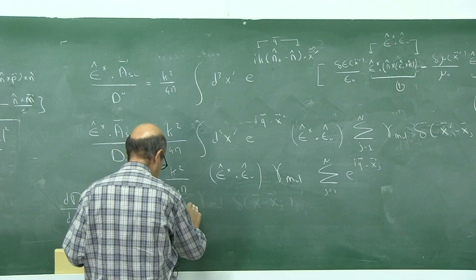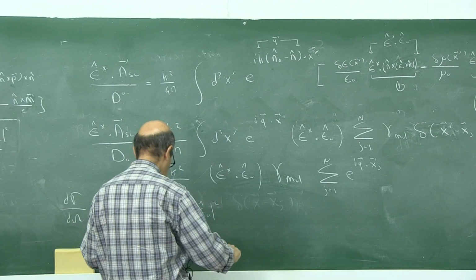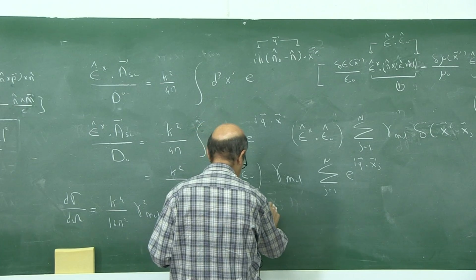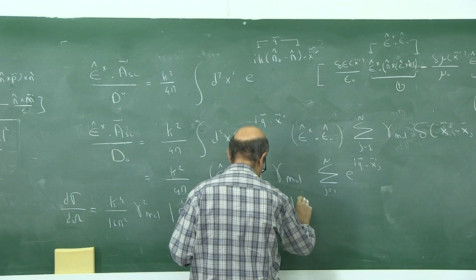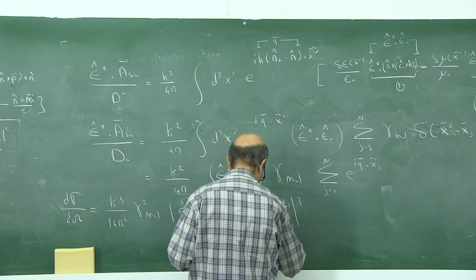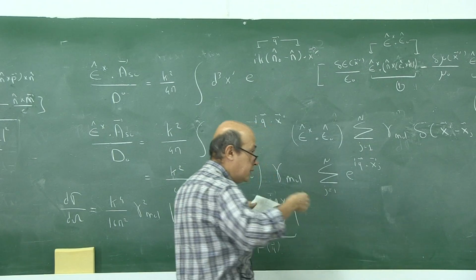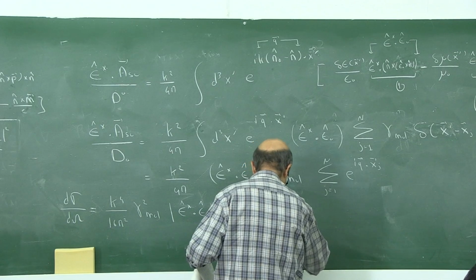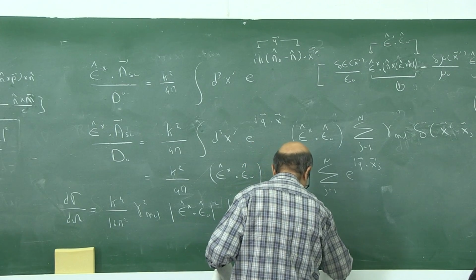times the polarization after the scattering dotted with the incident polarization, and this term e to the I q xj square, and this is nothing but the structure factor, and that for totally random scatters is equal to the number of scatters.